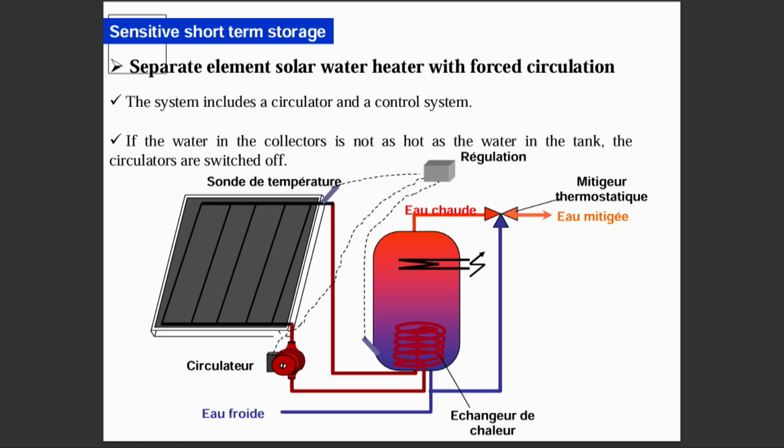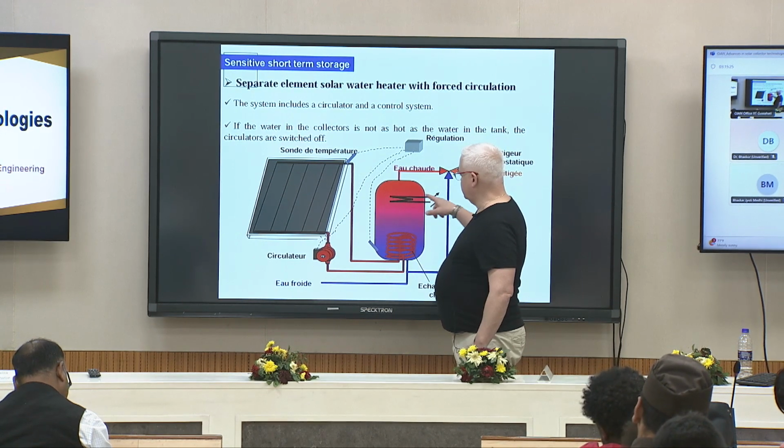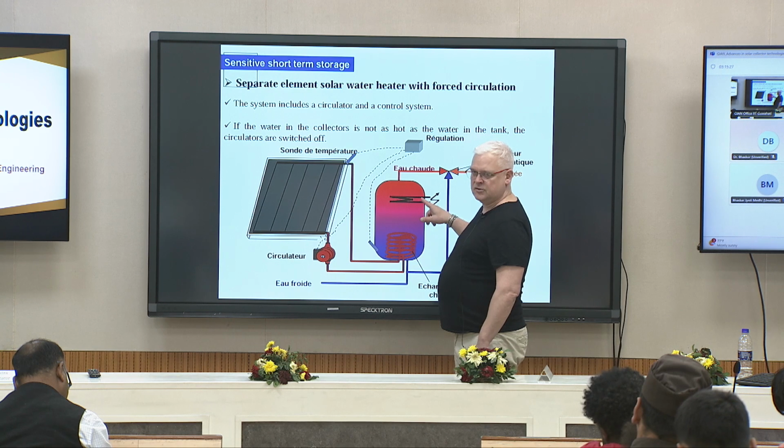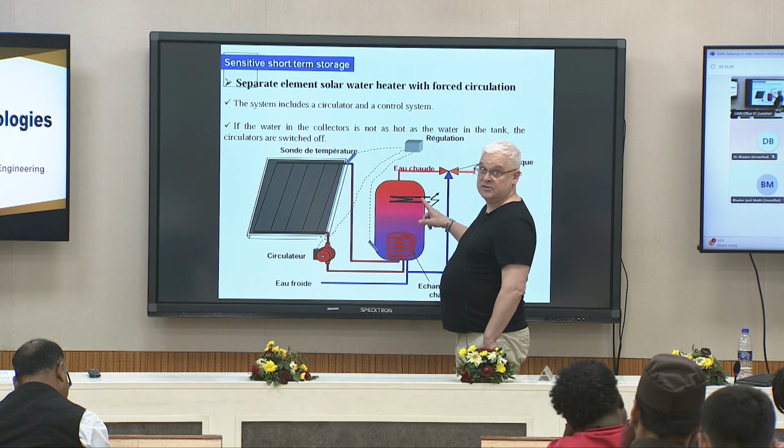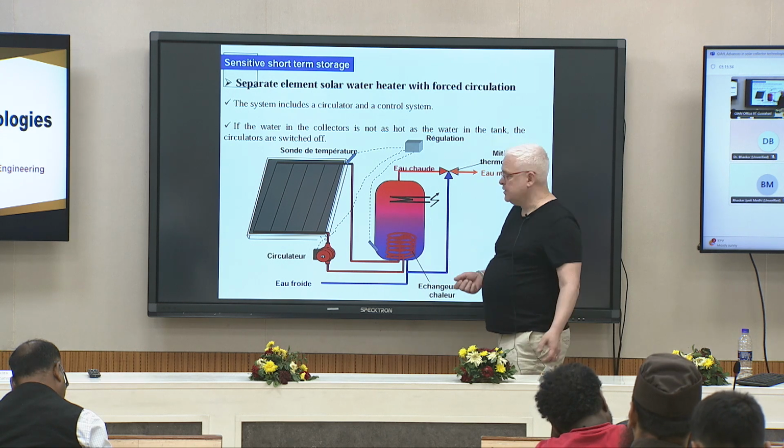So this is a classical installation of solar thermal. You can also couple this to a heating system. And so you have a heat exchanger at the bottom that will heat, and you can have auxiliary. So when there is no sun, you have to inject heat to have domestic hot water.